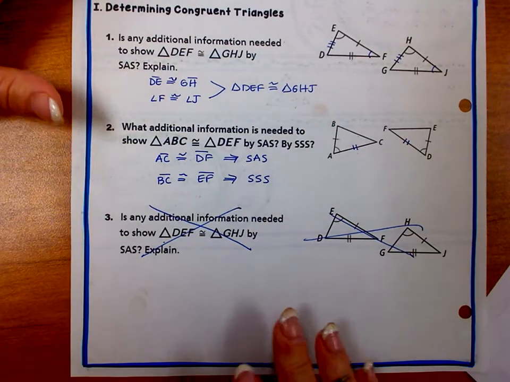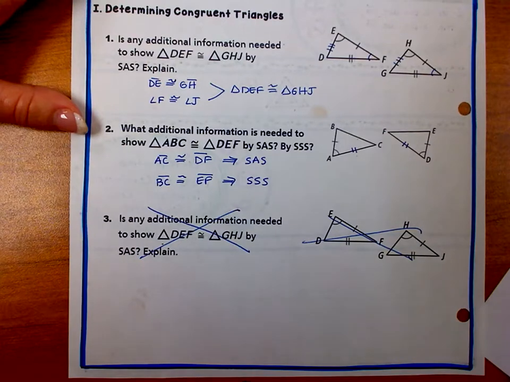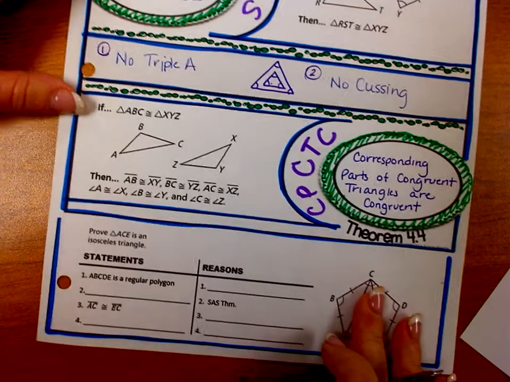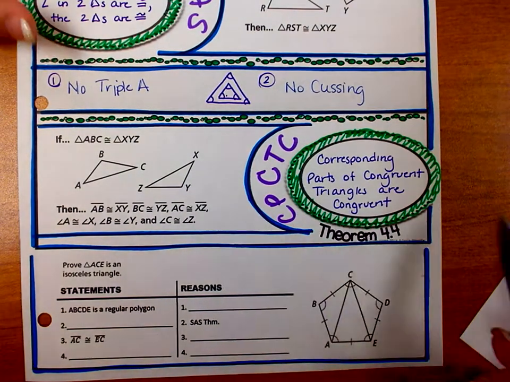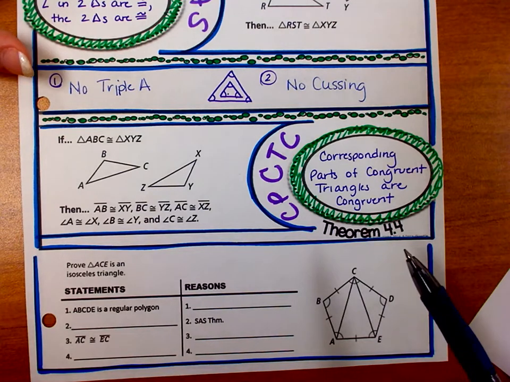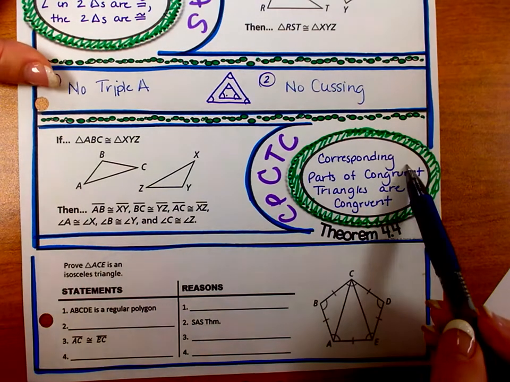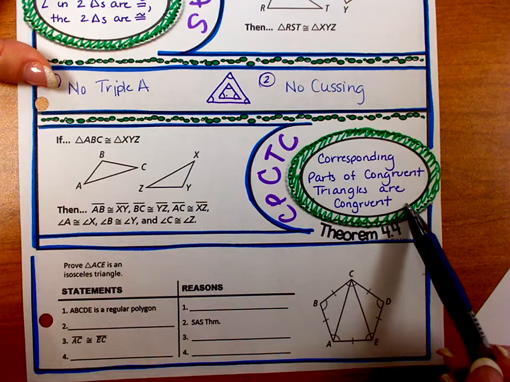All right, let's go ahead and take a look at the second proof strategy, which we kind of skipped over. This one is called CPCTC, and CPCTC is a short way of saying that corresponding parts of congruent triangles are congruent.